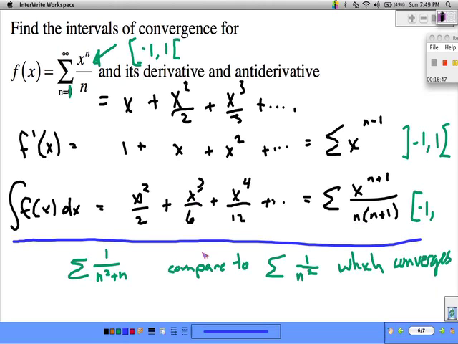And for this, 1 over n squared plus n is always less than 1 over n squared for all n. So by direct comparison, x equals +1 also gives us a convergent series. So we get a closed interval, -1 to 1, for the antiderivative being convergent.